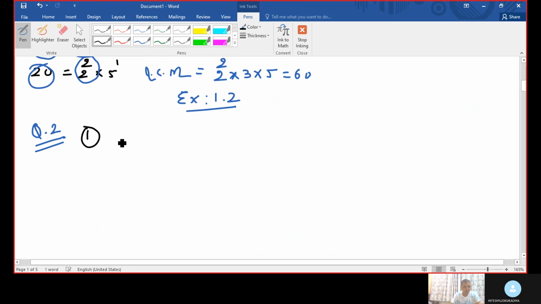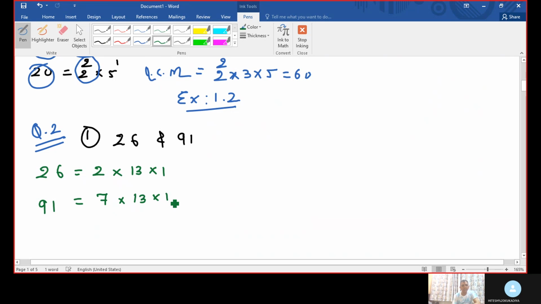First one, 26 and 91. Now factorize 26 and 91. 26 factors are 2 into 13. 91 factors are 7 into 13. 1 is always common. Is that clear?